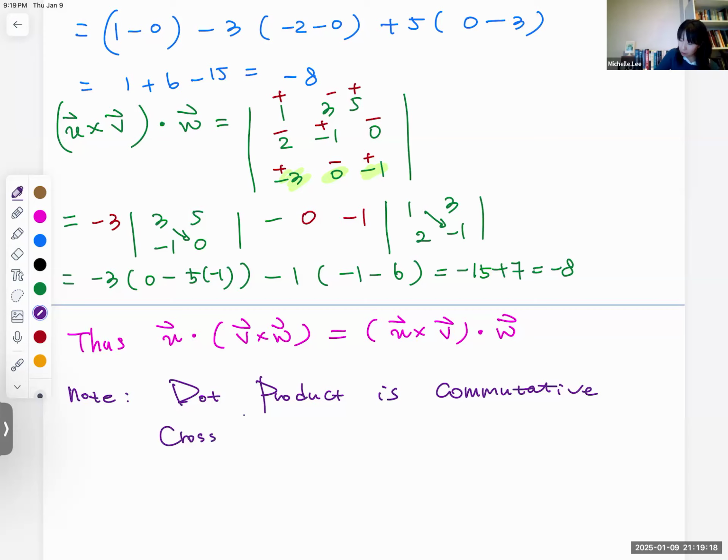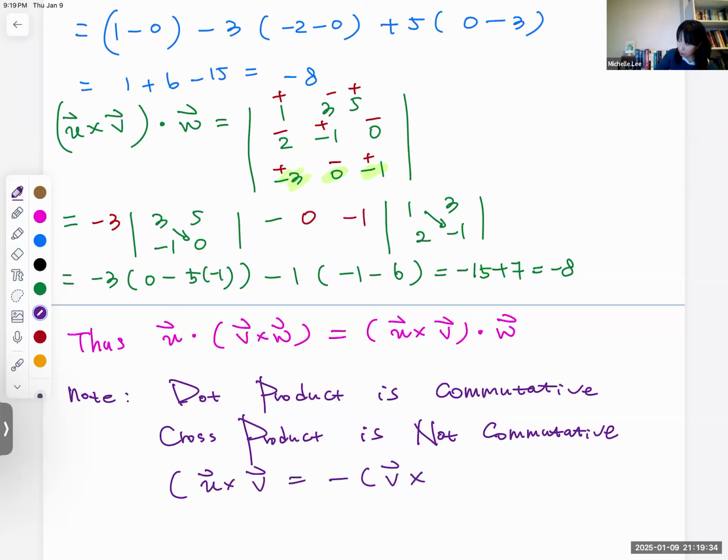Cross product is not commutative. So that is what we had earlier, right? Same as V cross product with U, right? Okay. Almost done.